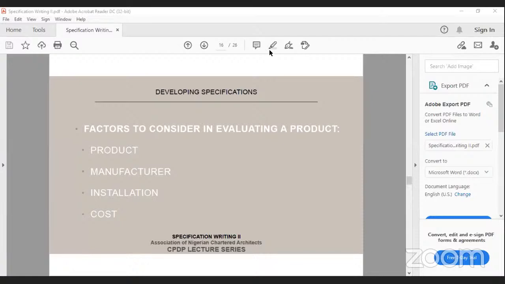It could have been affordable 20 years ago because maybe terrazzo was the go-to floor finish. But nowadays, because you have laminate floors, tiles, and stone, you find out that there are very few people who know how to lay terrazzo.